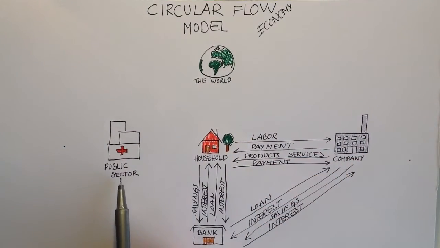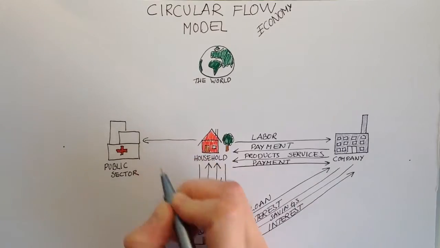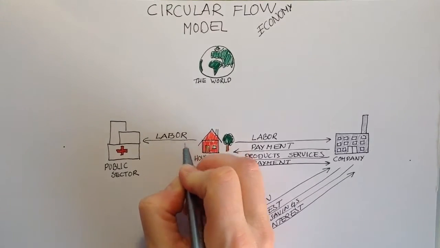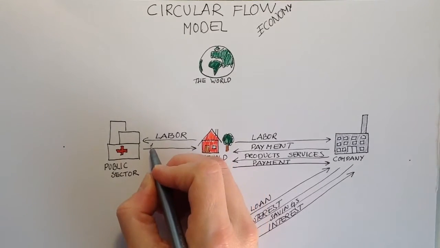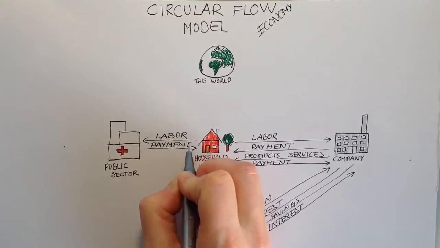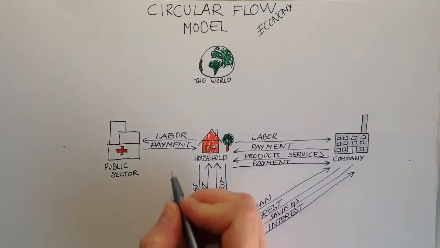But we also see that we have the public sector. And people in the households, they work here as well. So we put labor here. And for their work, they are paid money. We see that there is payment. But we don't only do that.